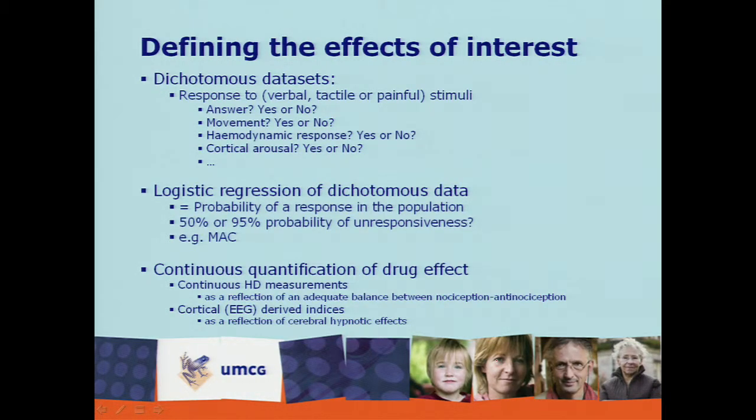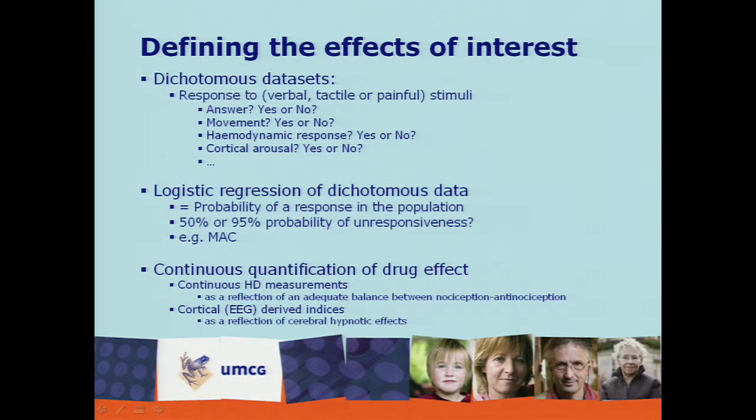Now, there are some effects of interest when you study drug interactions of opiates and hypnotics. And there are, I think, two big categories of interesting effects to look at. First of all, you have the dichotomous datasets, describing a binary situation, a yes or no. For example, the response to a verbal, tactile, or a painful stimulus. It's yes, the patient is responding, or no, the patient is not responding to a stimulus. For example, calling your name, or a tactile stimulus, or a painful stimulus.